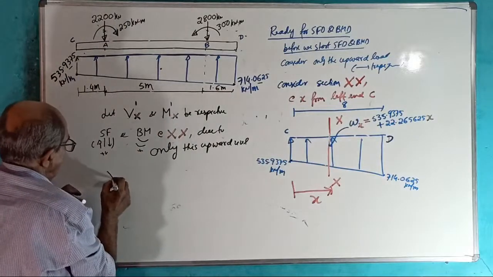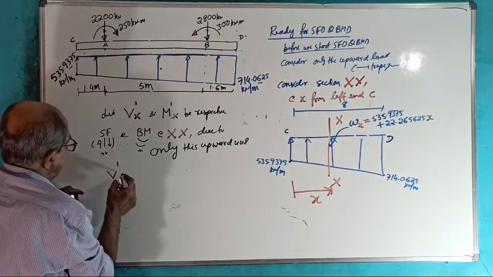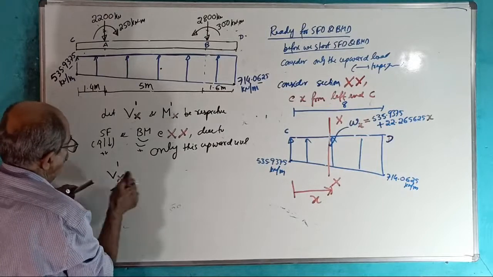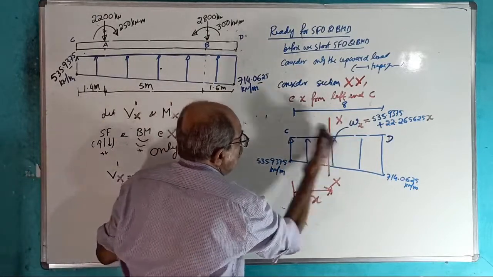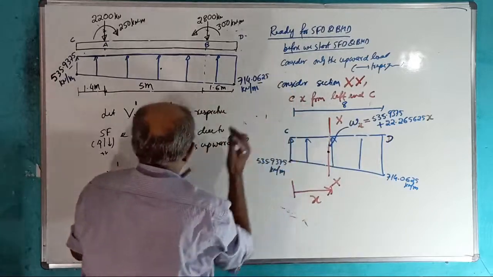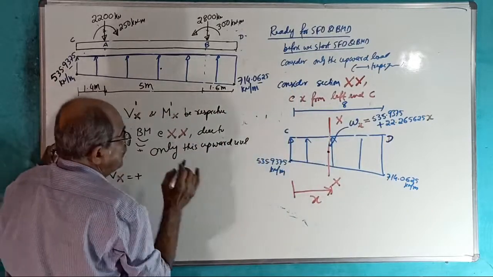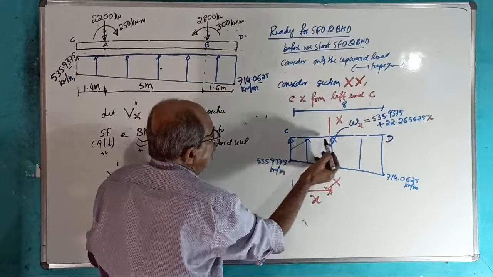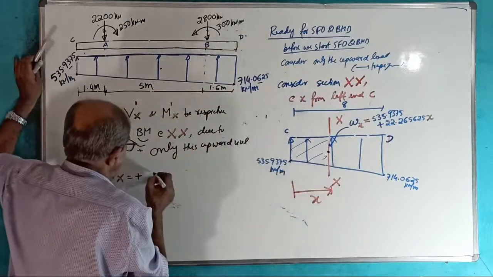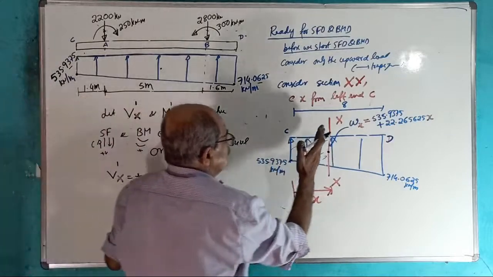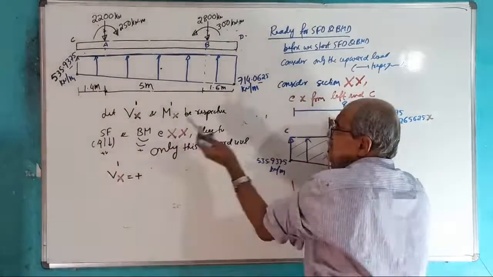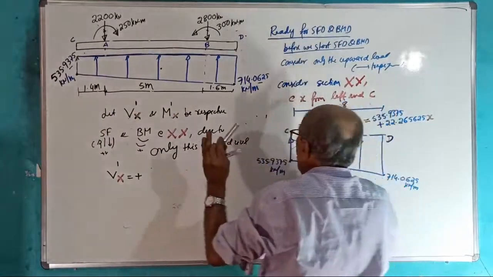Therefore, your V dash x, red color, equal to, I told 1000 times, if you want shear force, look left side. Left up is positive, plus only load, this much load. How much, tell me? It is only this much load. Shear force is what? Look this side, net load, only load.